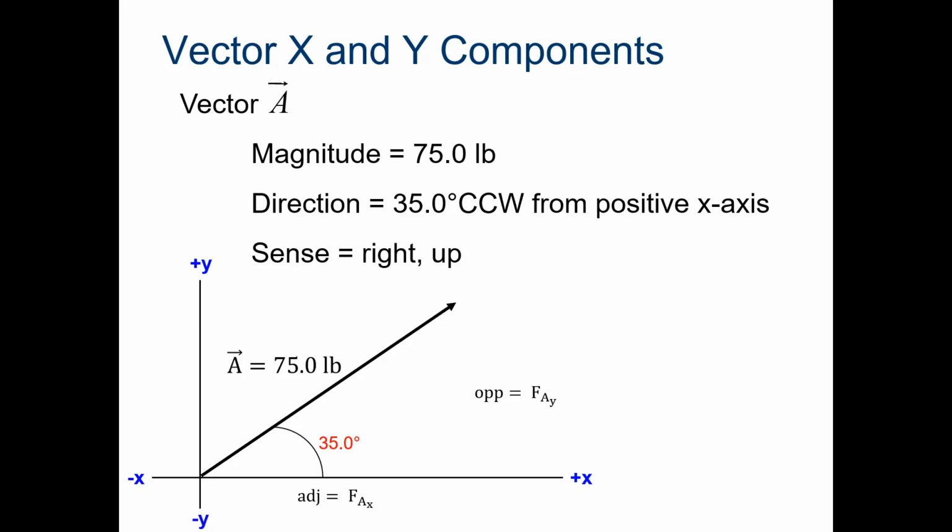In this case, the magnitude of vector A is 75 pounds, and the direction is 35 degrees counterclockwise from the positive x-axis, okay? And the sense is to the right and up.